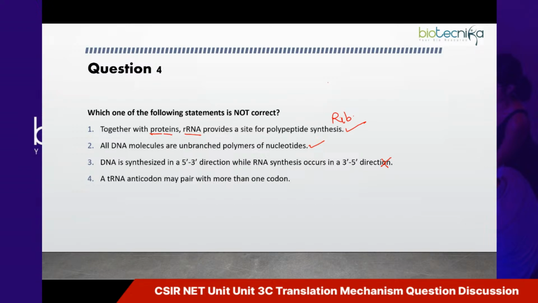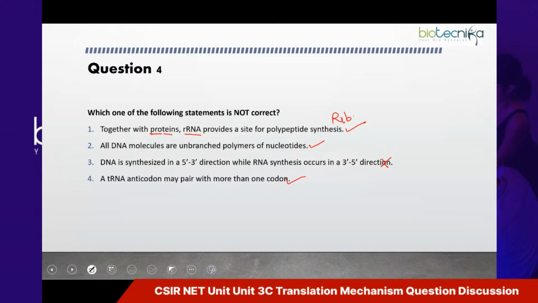And option 4: tRNA anticodon may pair with more than one codon. That is true, because there can be wobble pairing between the anticodon of tRNA and the codon of mRNA. Which nucleotide occupies the first position in the anticodon decides how many different codons it can identify.